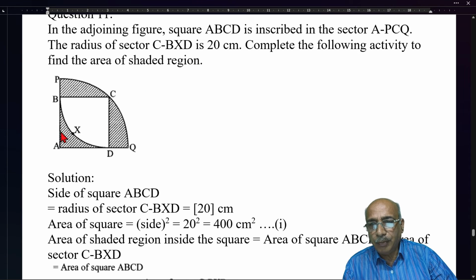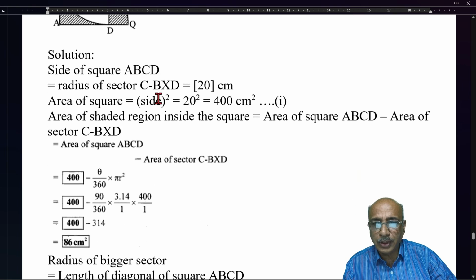Here you see, if we take the area of this sector completely minus the area of quadrilateral ABCD, you will get the area of these two shaded regions. Then, this is 90 degree, this is the area of sector. So the area of square ABCD minus the area of this sector will give the area of the shaded region. Then add the area of the 3 shaded regions, and the answer will come.